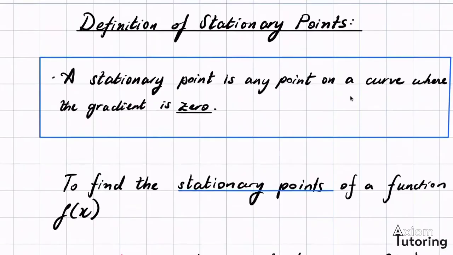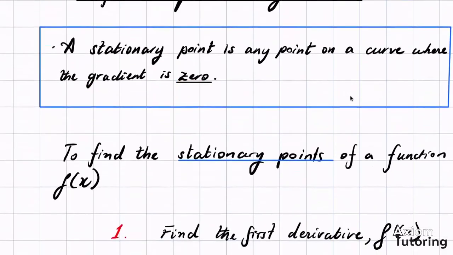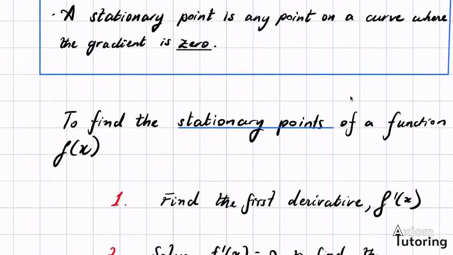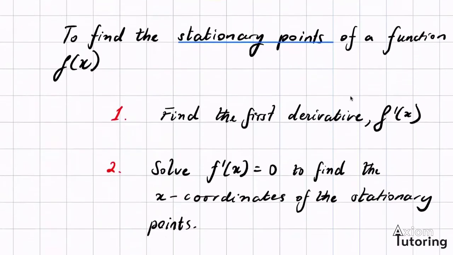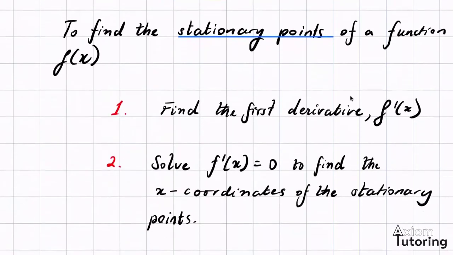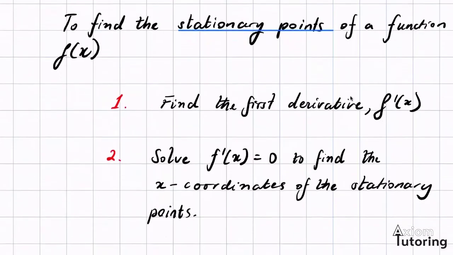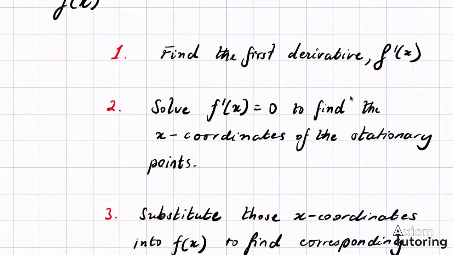So our definition here is that a stationary point is any point on a curve where the gradient is 0. So remember that our gradient is dy over dx for a point on a curve. So to find the stationary points of a function f of x, we first find the first derivative, f dash of x, and then we solve f dash of x equals 0 to find the x-coordinates of the stationary points.